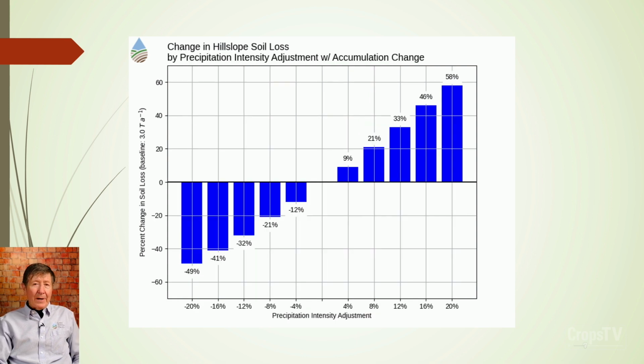We've done a little bit more magic with this model, or sort of pseudo-magic. We've asked the question, what would our erosion rate change be if we added more energy to the rainfall that's occurring? In this case, we added more energy by adding additional rainfall amounts. As we add that energy, we see our erosion potential increases dramatically.